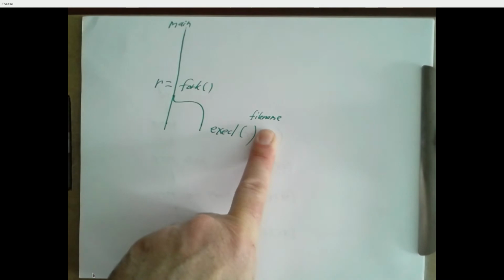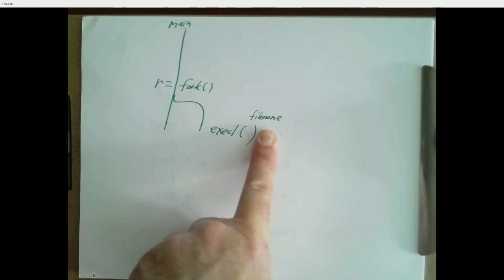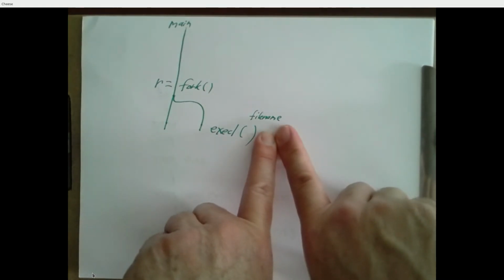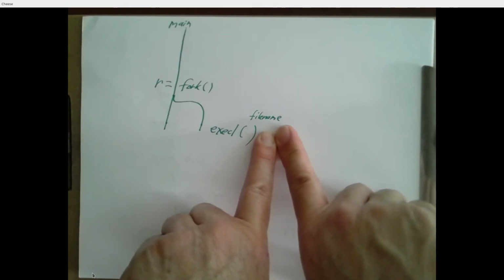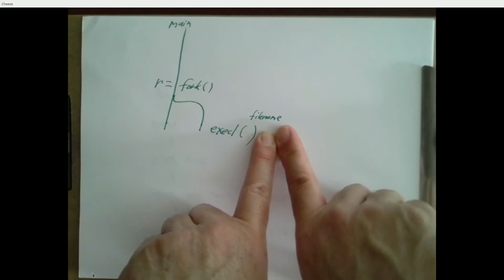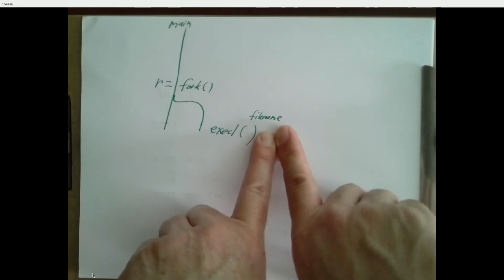And if you replace your memory with somebody else's memory, what happens? You become that other person, right? This is Blade Runner 101. So this process, which was a clone of the original main program, now becomes a program running PS, or whatever program we put into the argument for execl. And now we've got a truly separate process with its own identity, its own instructions, and ultimately its own set of variables and so on.